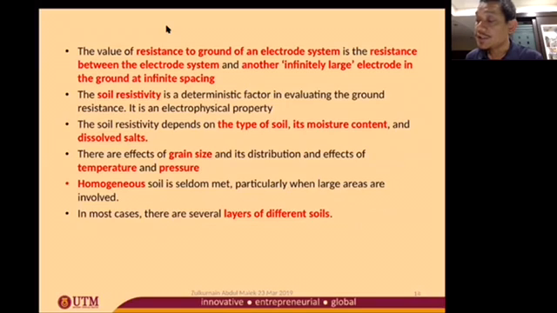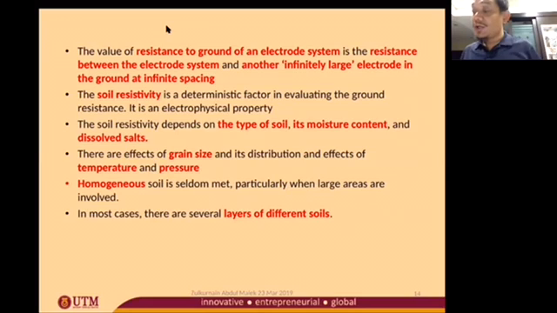So this is the concept of resistance. The resistance of a soil or an electrode is the resistance to ground of an electrode system. It's actually the resistance between the electrode system and another infinitely large electrode in the ground at infinite spacing. You understand? Okay, maybe because I mute, you cannot answer.